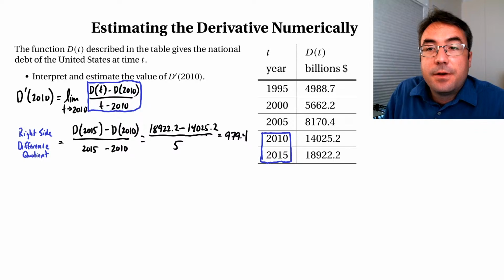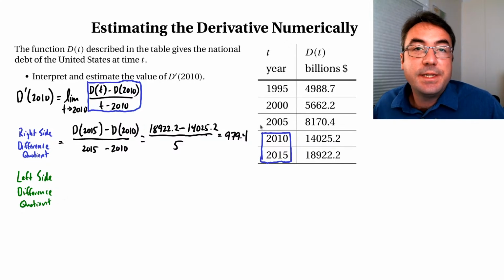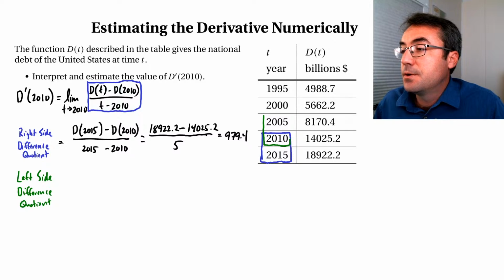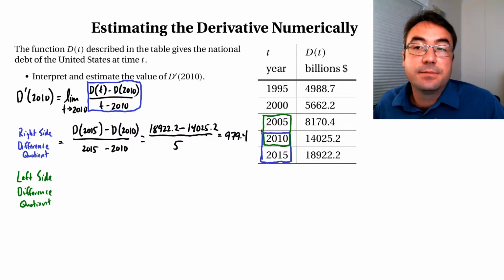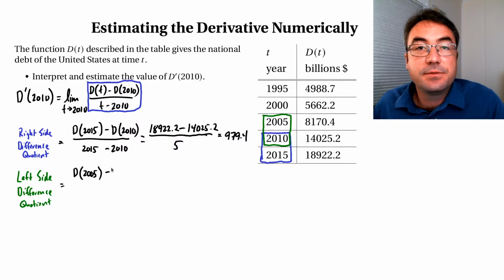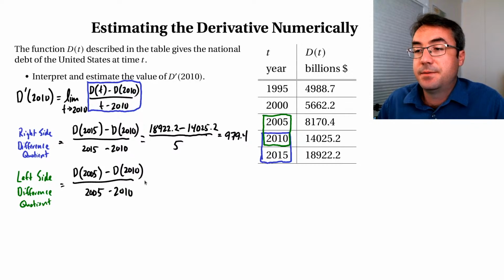Now we could look at a left side difference quotient. We want to approach 2010 with time values that are smaller. So here we might use 2005 and 2010 to do our difference quotient: d of 2005 minus d of 2010, all over 2005 minus 2010.